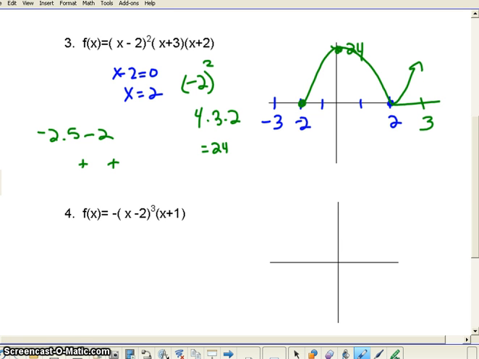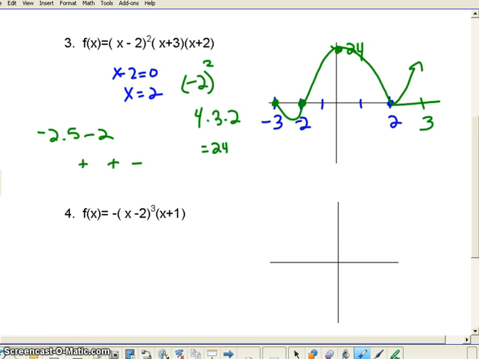And then -2.5 plus 2. That's going to be negative, right? It's 2.5. So positive times negative. So in between these two roots, it needs to come down.